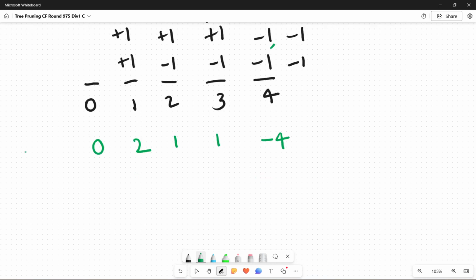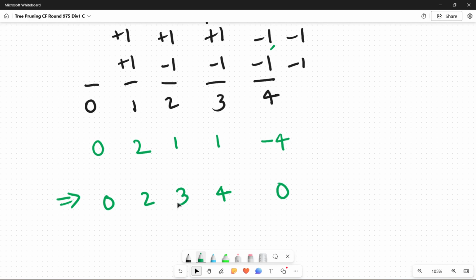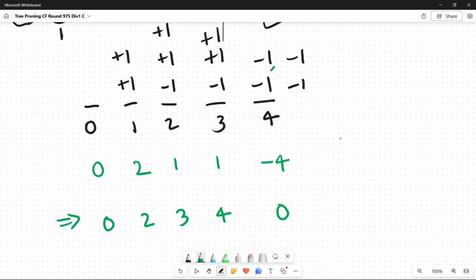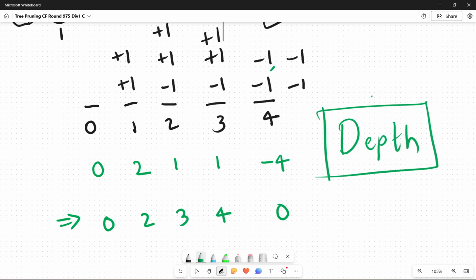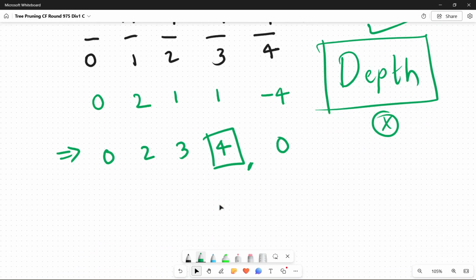Beautiful. So let's take the prefix sum: 0, 2, 3, 4, and 0. Now what I can notice is that for some depth, I don't know for what depth, so that's why I don't need to iterate over the depths, these 4 nodes are there in my tree, except one.